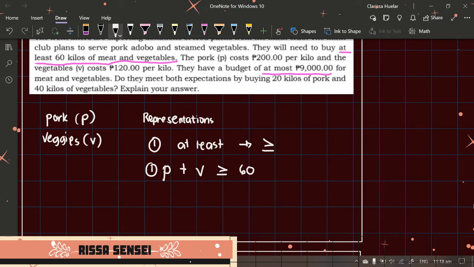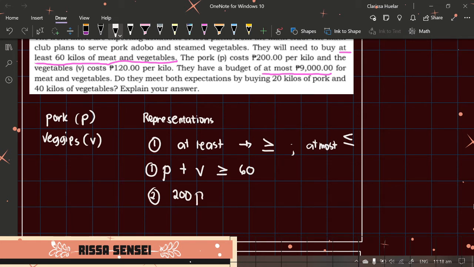So that's 200 times kung ilang kilo man ng pork yun. So for at most, kabaliktaran niya. So ito yung gagamitin natin, less than or equal to 200 times kung ilang kilo ng pork. Hindi natin alam yon, di ba? And we let P be the number of kilos of pork.